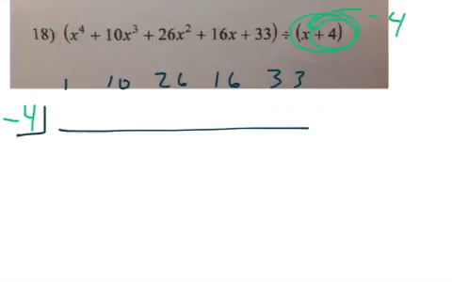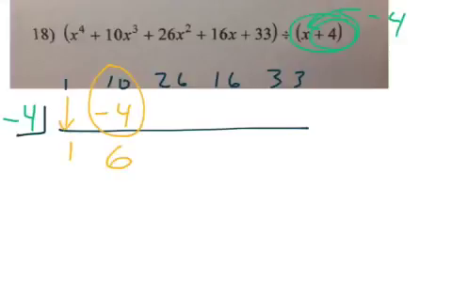Okay, so how does this work? I bring down that 1. And then I multiply these two right here, and that means negative 4 times 1 is negative 4. I put it underneath the next number. Now I'm going to combine these two, and 10 minus 4 is 6.